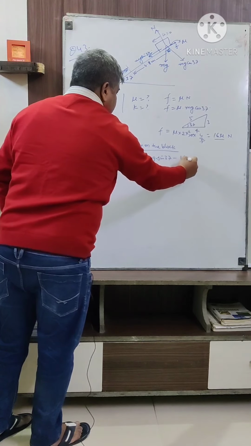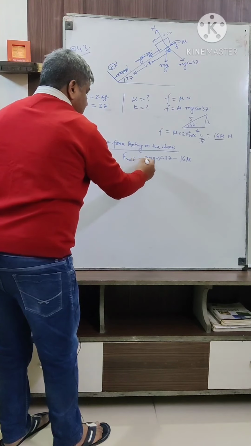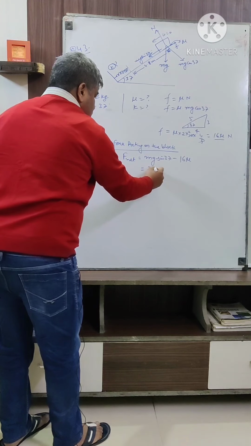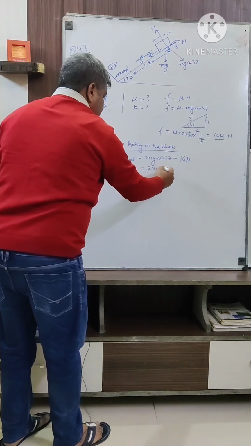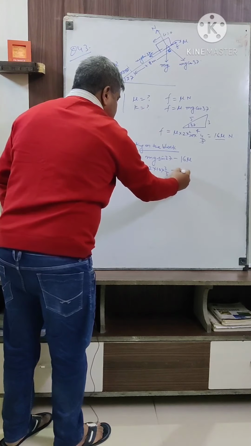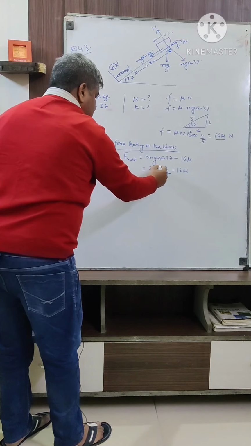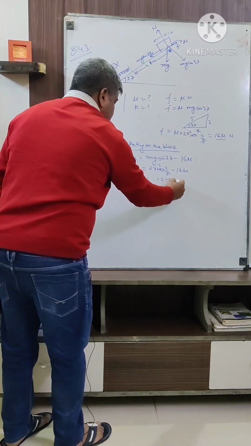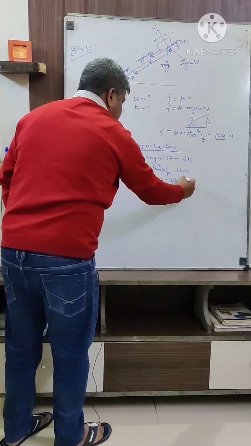The frictional force we have already calculated is 16 mu. Here the value of m is 2, g is 10, and sin 37 is 3 by 5, minus 16 mu. So F net, after calculation, is 12 minus 16 mu. This is the net force along the incline.